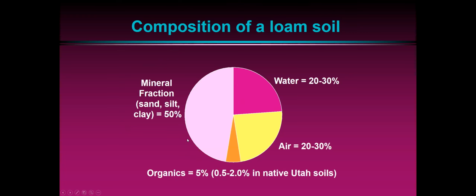About a full half of it is pretty close to that made up of mineral matter, and then a small amount of organic matter mixed in. So oftentimes this small fraction of organic material in the mix seems to get ignored, and we don't understand the importance of it. In Utah, we have much less than the 5% average over the entire continental US, but it's still critically important in the performance of the soil.